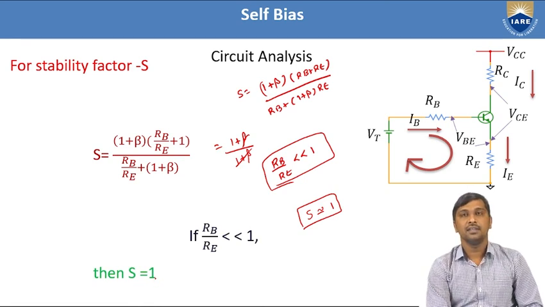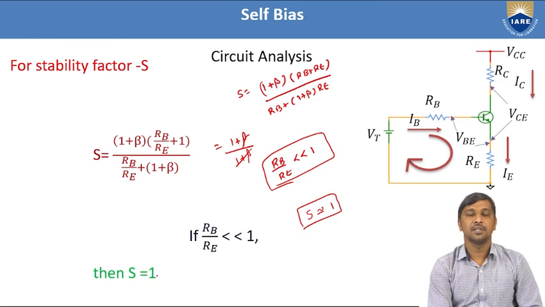We know that when the stability factor is very small, approaching unity, we can say that the biasing method is a good biasing method to design an amplifier using the bipolar junction transistor.